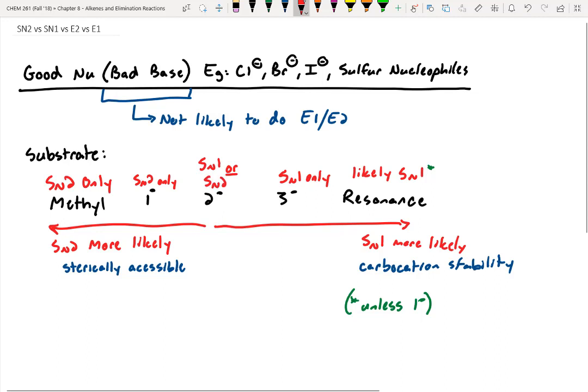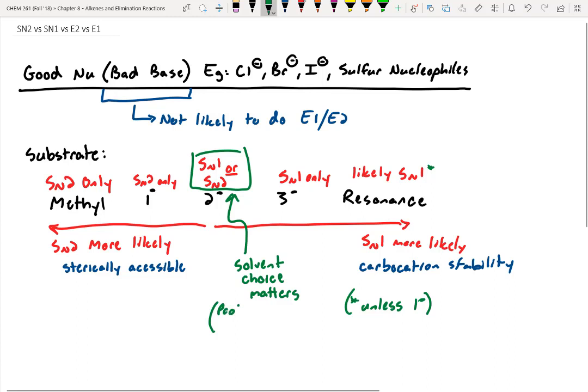All right, how could we help distinguish whether it's going to be SN1 or SN2? Solvent. So if we think about solvent choice, which one's going to favor SN1?